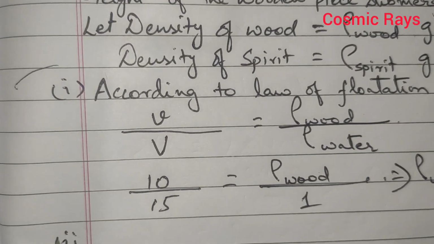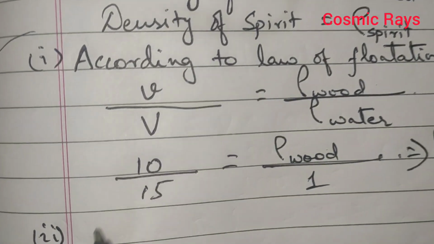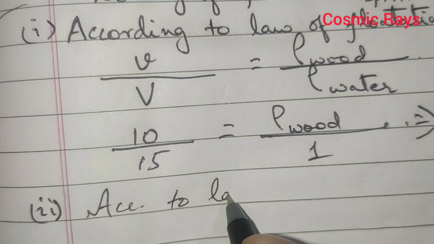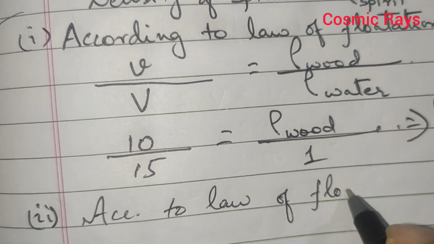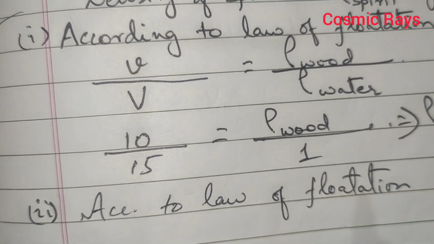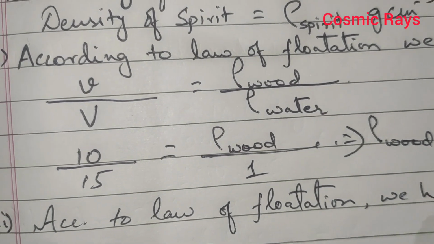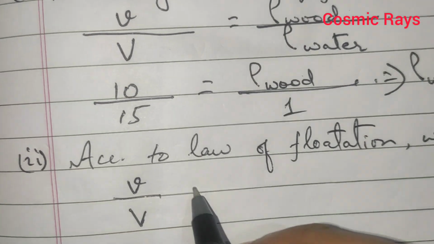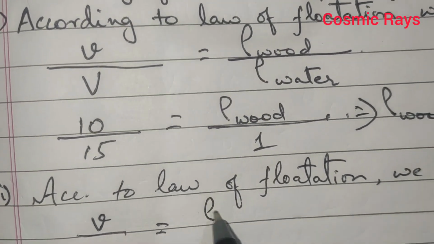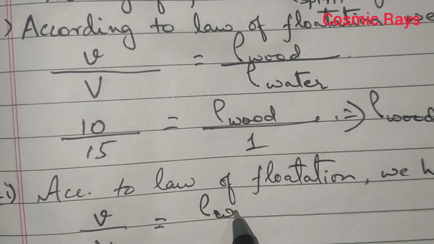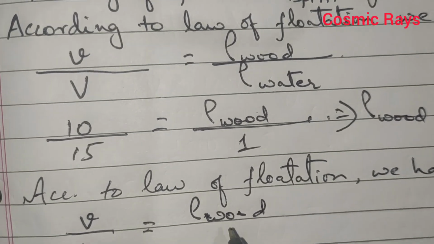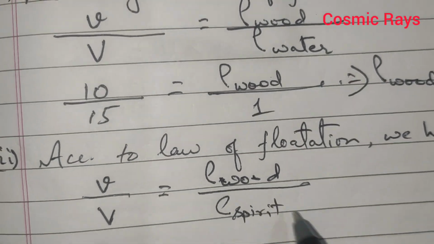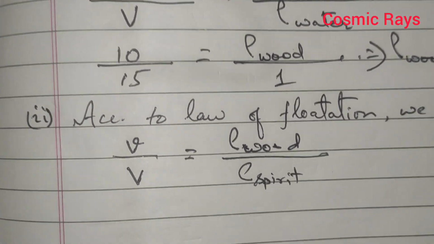For part 2 of this question, according to the law of flotation, we have the volume which is immersed in the spirit divided by the total volume is equal to density of the wood divided by density of the spirit or the liquid in which it will be immersed.